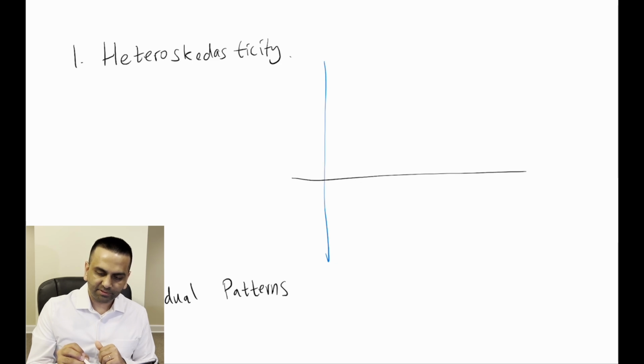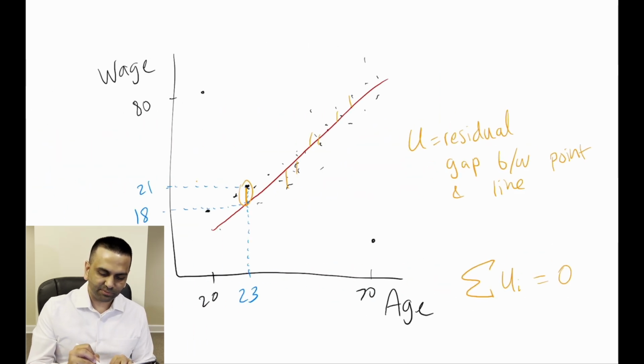In a perfect world, if we were to look at the residuals around the line, they might look something like this. If the residuals look like this, then you're good.